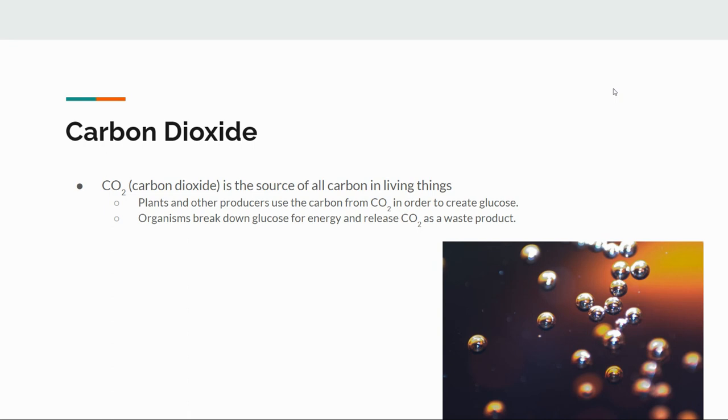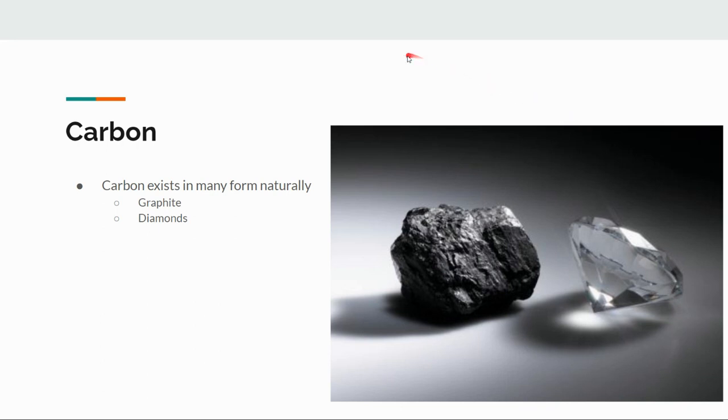So plants bring in carbon dioxide, the gas, and turn it into organic carbon and sugar, and then consumers eat that sugar and burn it as energy and put carbon dioxide back into the atmosphere to be used again.